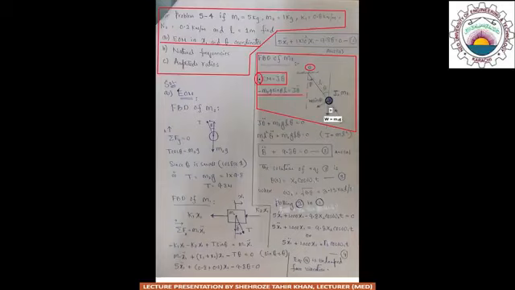Therefore, we have minus m2 g sine theta L is equal to J theta double dot.